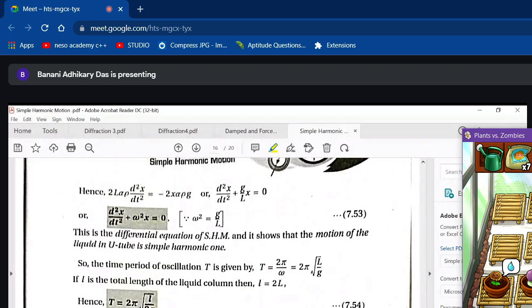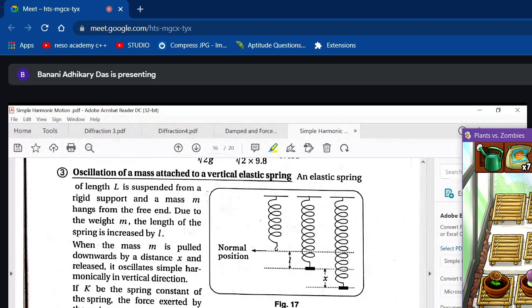Okay, please draw figure 17. I'll give you 1 minute.